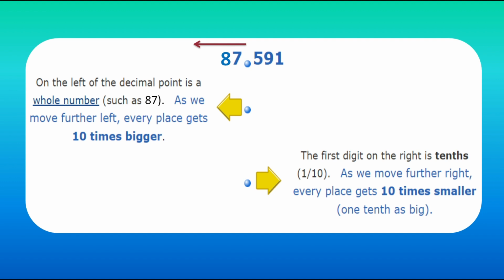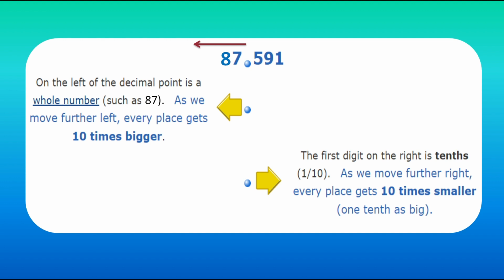See here, 8 is greater than 7. Why? Because 8 is present at the tens place and 7 is present at the ones place. So it gets 10 times bigger.